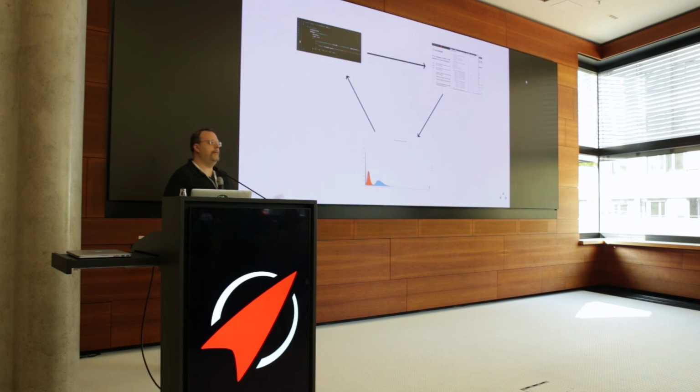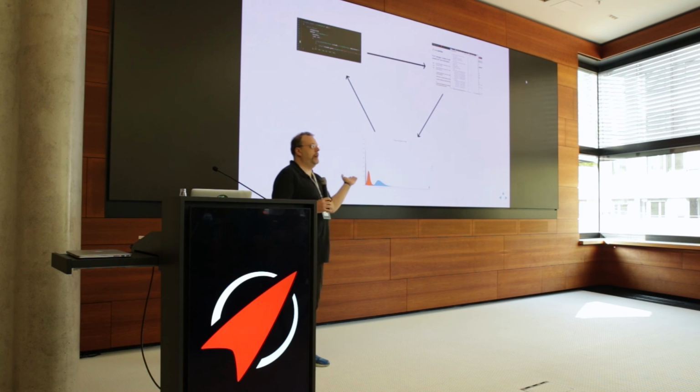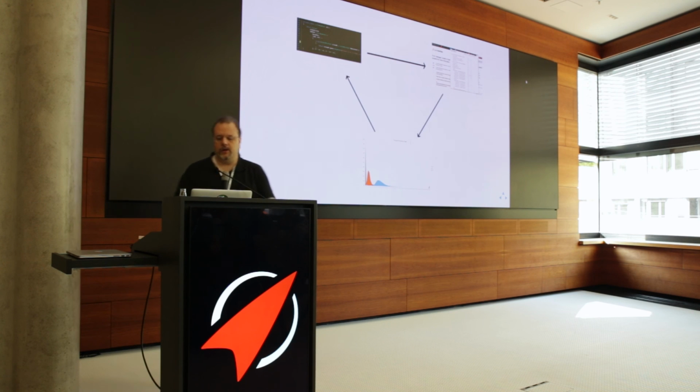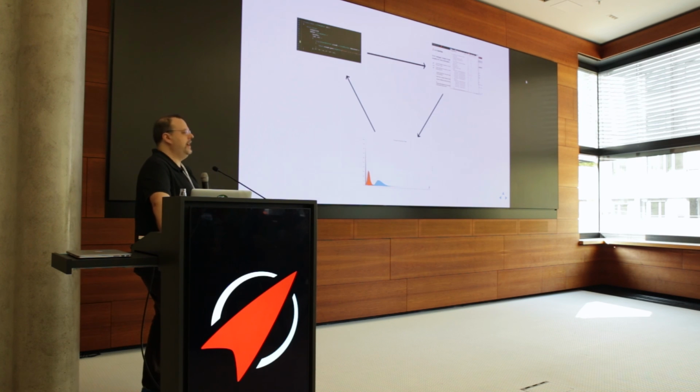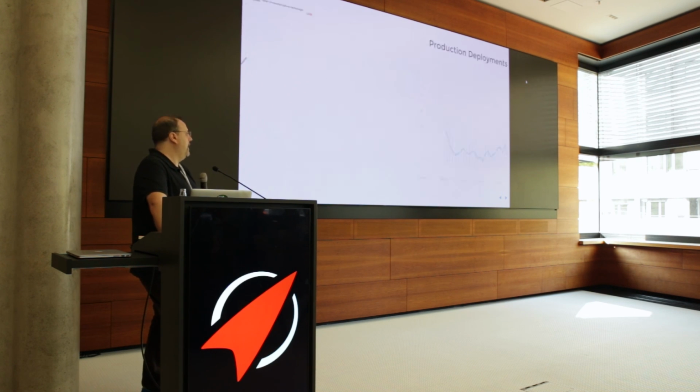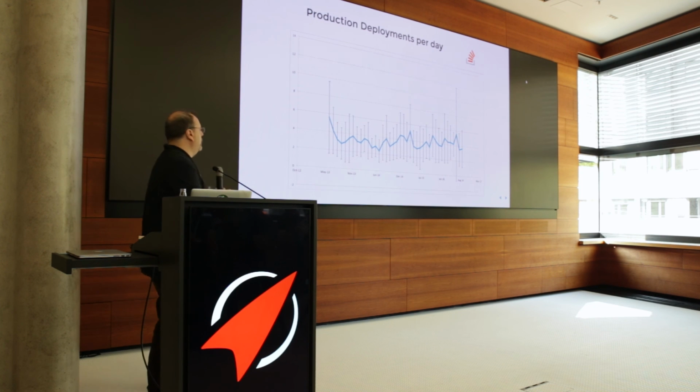So we do that maybe once every year. So there's really little we can do there to optimize constantly. But in this case, we can optimize with one deployment. So the number of deployments per day is very important to us. In fact, we measure it, and there you go.